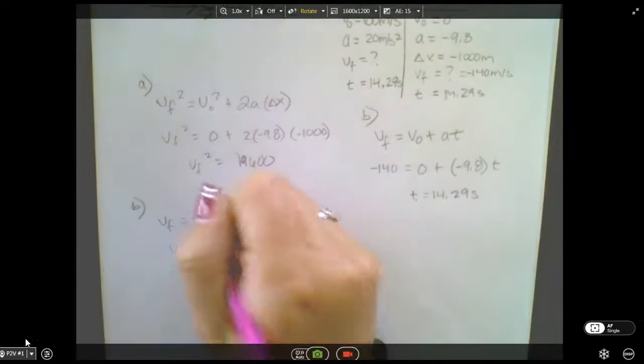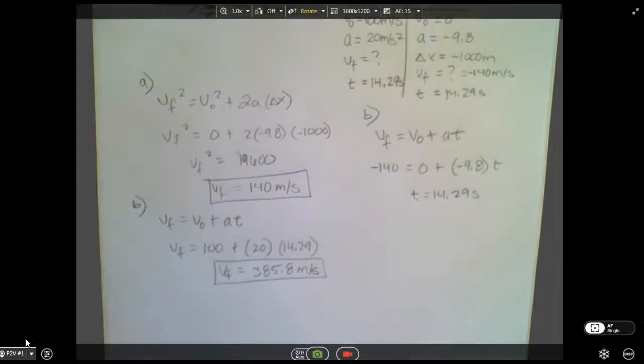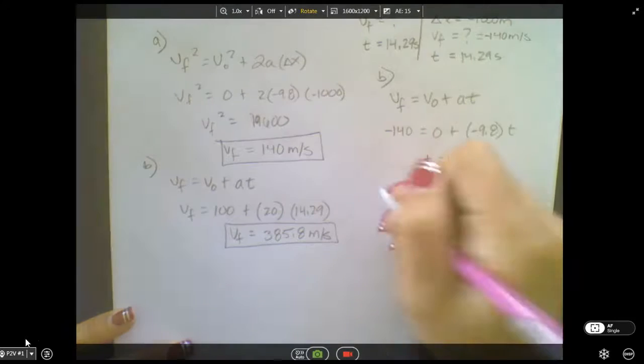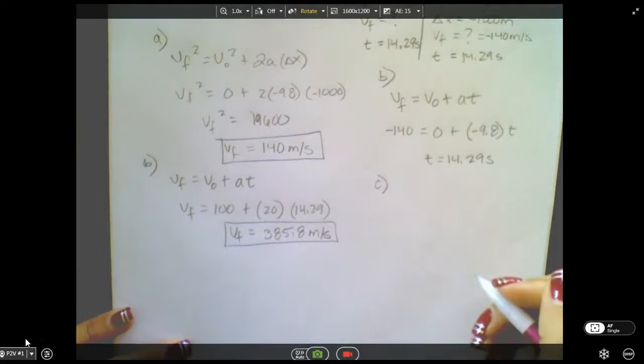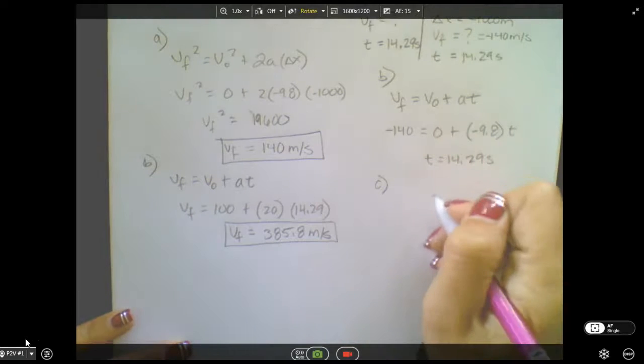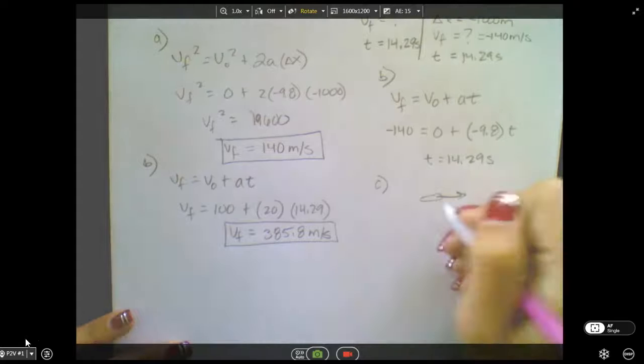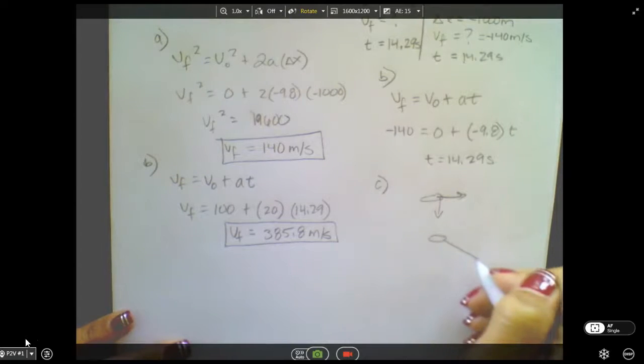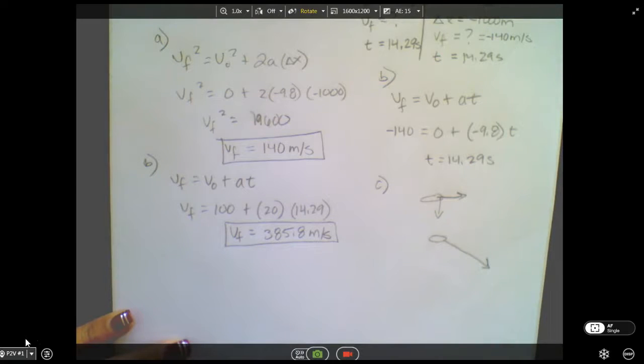So that's part B. And then part C says to find the magnitude and direction of its velocity. So basically just its overall. So we have the x, we have the y, and this is kind of an interesting piece now. Remember this rocket is accelerating this way and it's also accelerating down. So when it's coming down, it's actually coming down with a velocity at this angle.